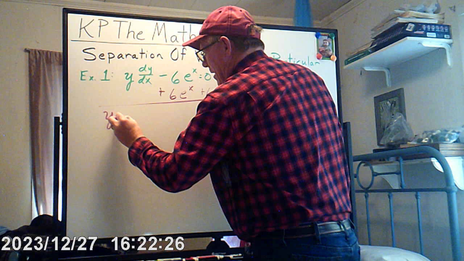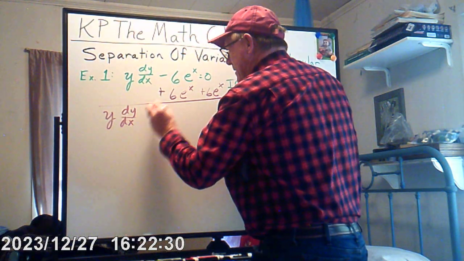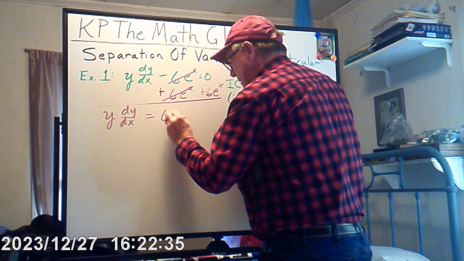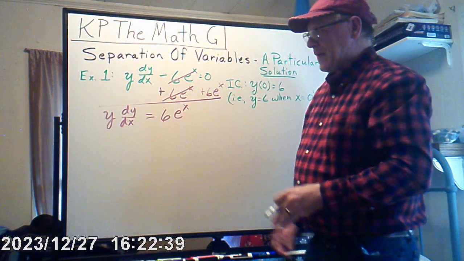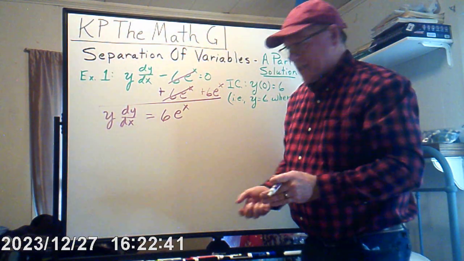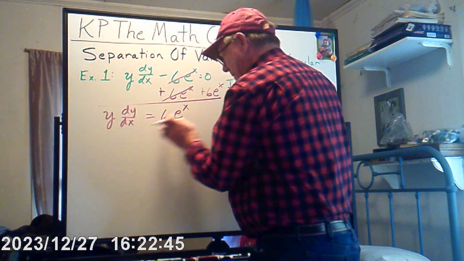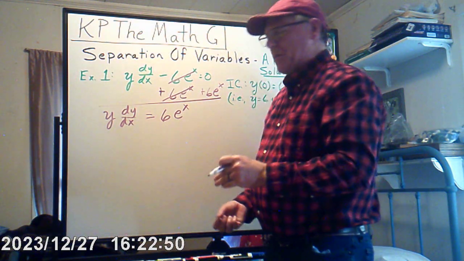This is going to be y dy over dx. This is 0, so this equals 6e to the x. Now, to separate the variables successfully, I've got my y dy. I just need that dx over here, and that's nice because dx is in the denominator.